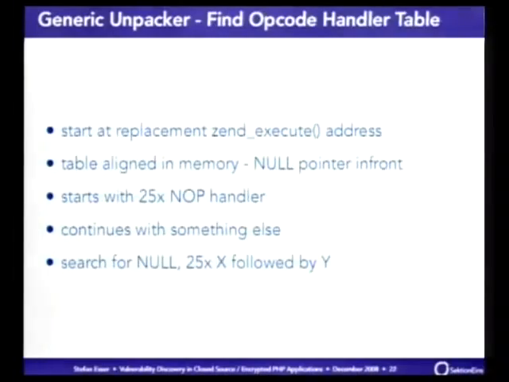So how do I find the opcode table? It's very simple. First, I start at the address of the replacement zend_execute function, because I know this is an address within the code segment of the optimizer or the IronCube loader.